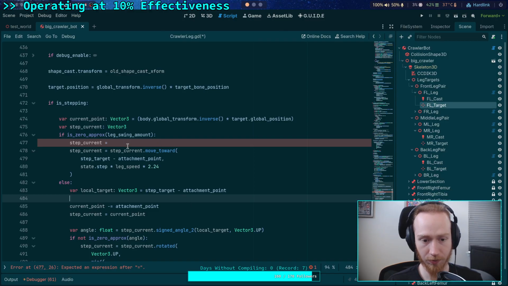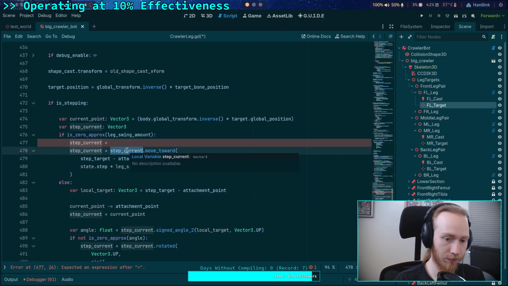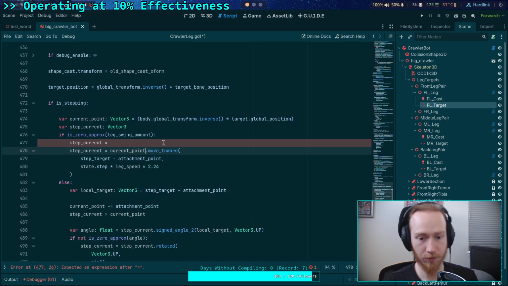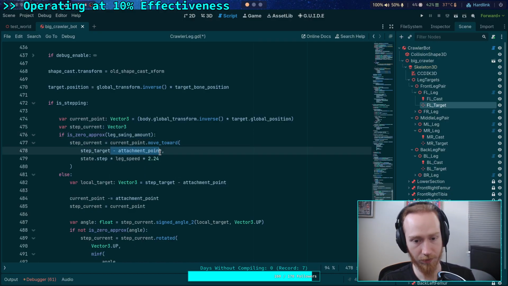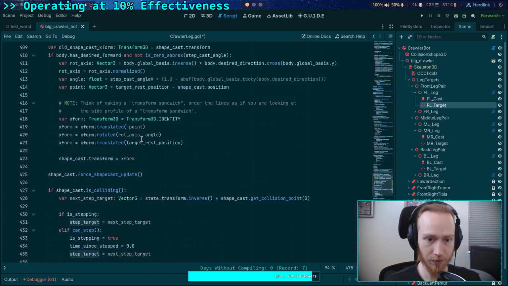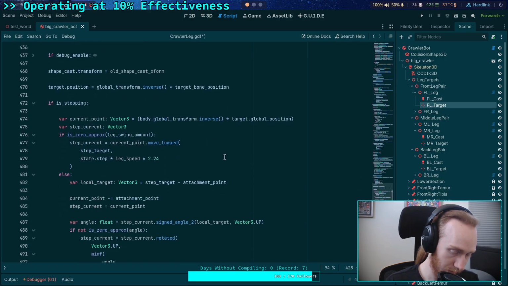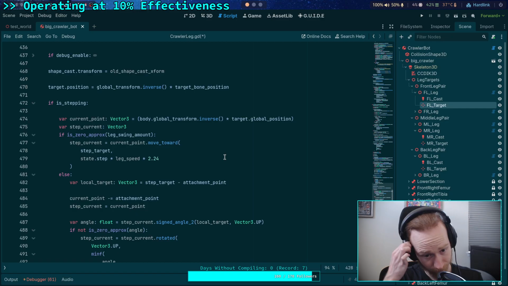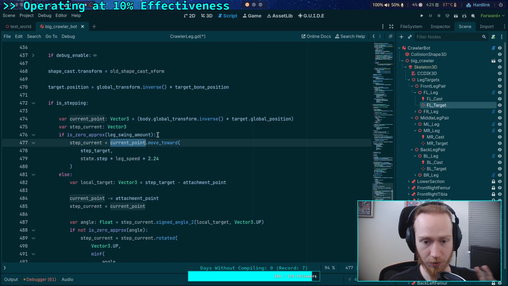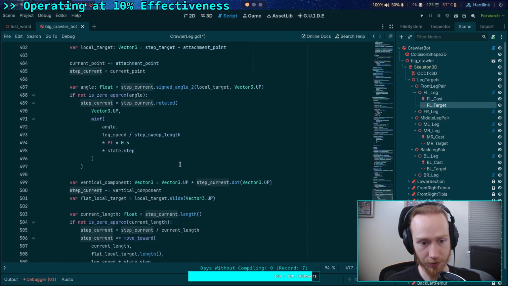Okay. Step target is relative to the body. Good. Step or current point is also relative to the body. Good. Move it towards that. Good.